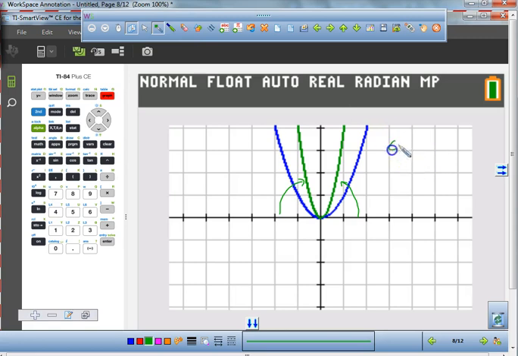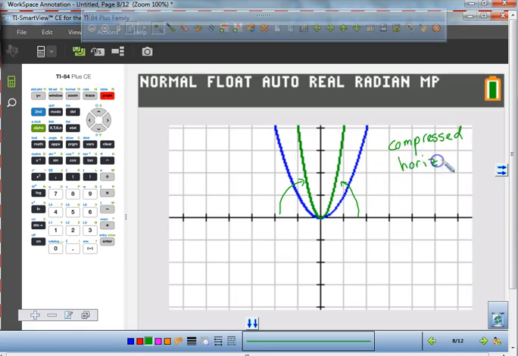So we're going to say compressed horizontally. This is being compressed horizontally because my a value is greater than 1. And where are we going away from? Horizontally means you're going away from the x-axis.